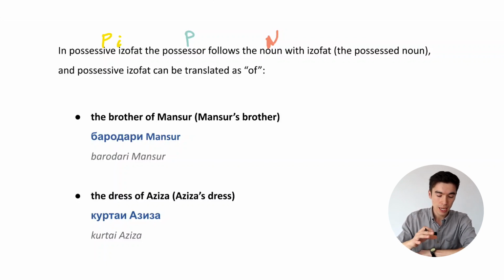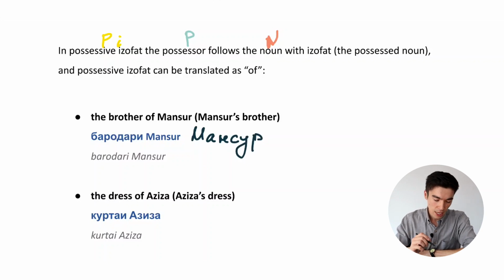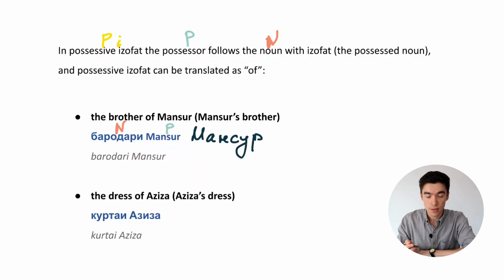So Barodari Mansur in Tajik. Oh, Mansur I wrote here in English. So in Tajik, that's how we write Mansur. Sorry. Okay, Barodari Mansur. Barodar here is a noun, and Mansur here is a possessor.